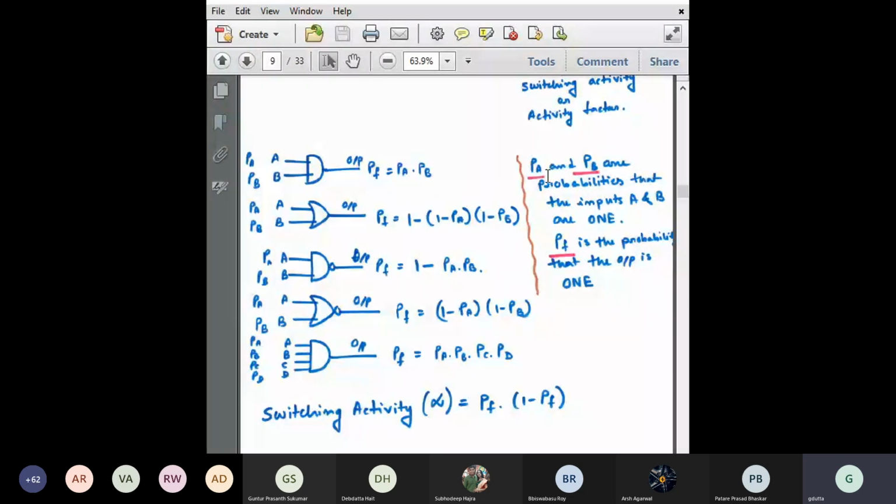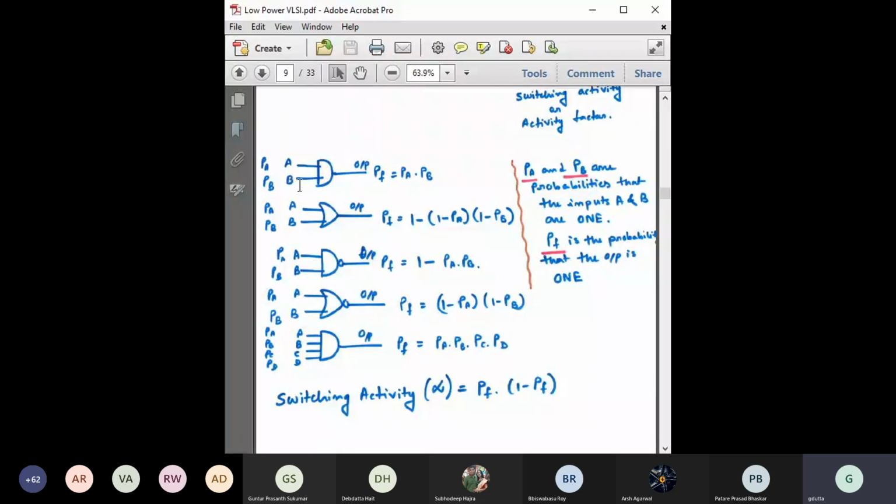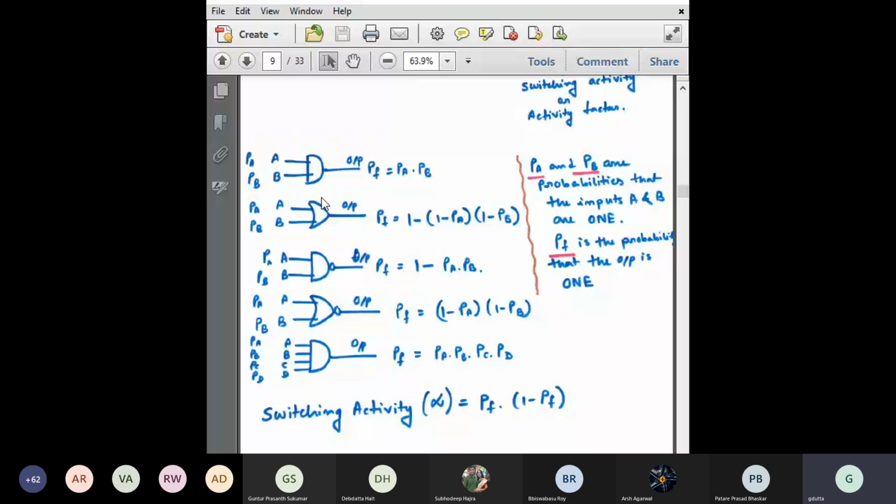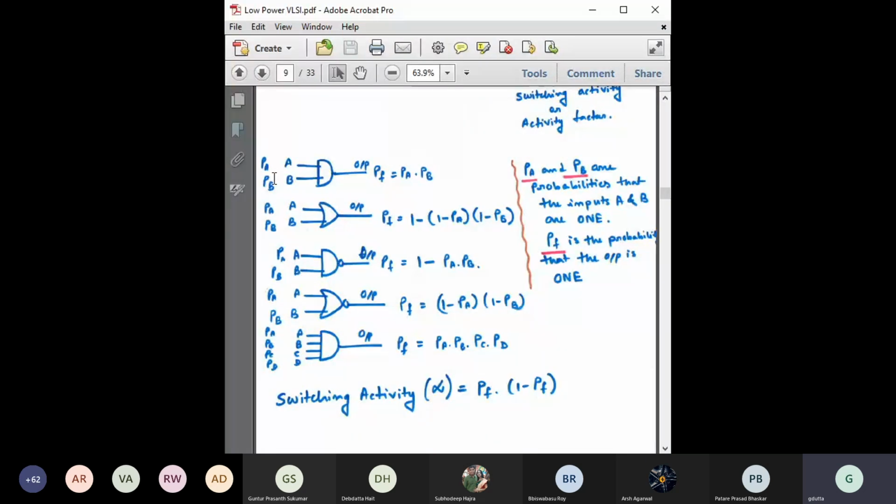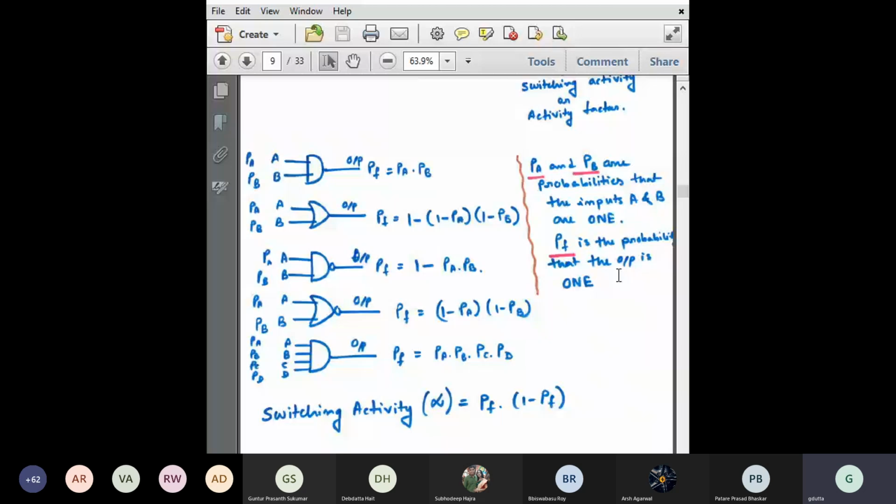PA is the probability of input A to be logic 1, and PB is the probability of input B to be logic 1. PF is the probability of the output to be logic 1.